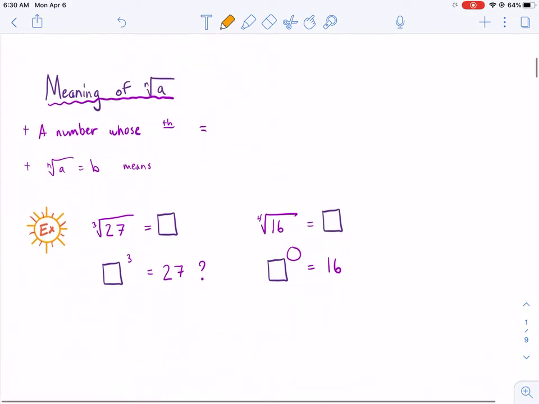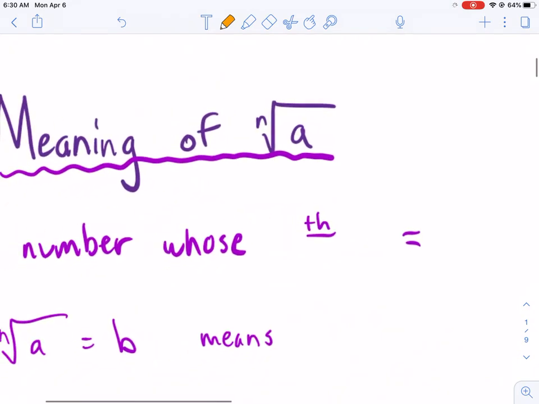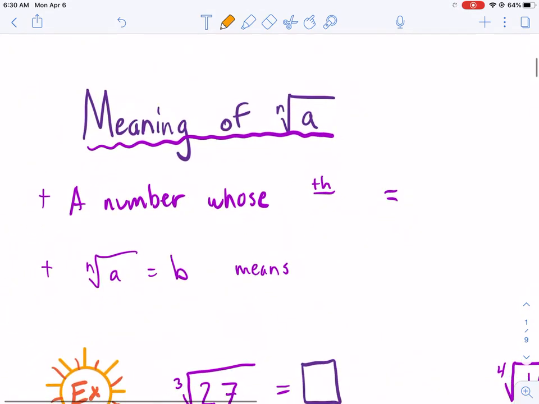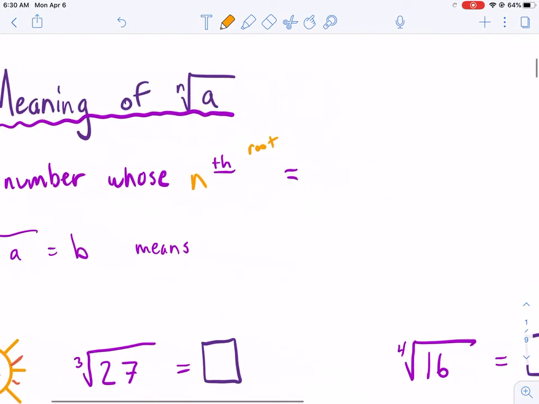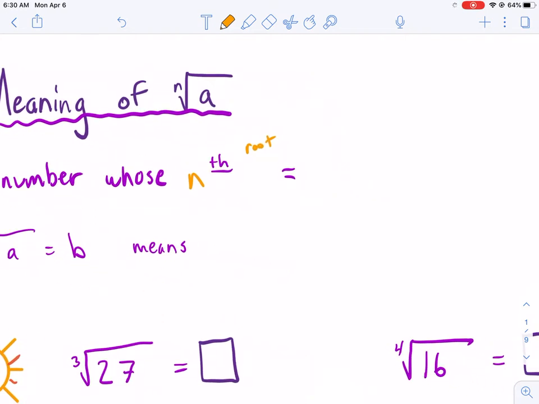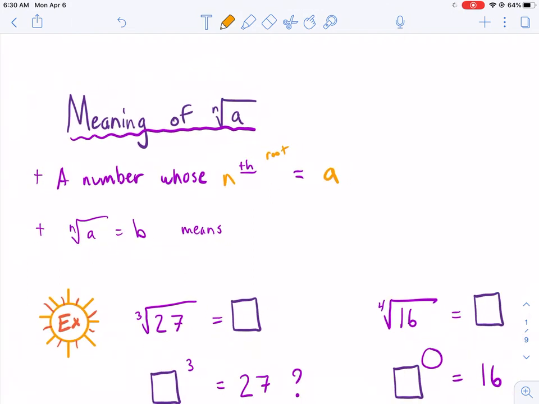Now, let's get into more complicated roots. So a number whose nth root equals a. So just as before, we said the square root essentially means what number times itself twice gives us 36, and so we get 6 times 6, so the answer would be 6 here, because 6 times 6 equals 36.